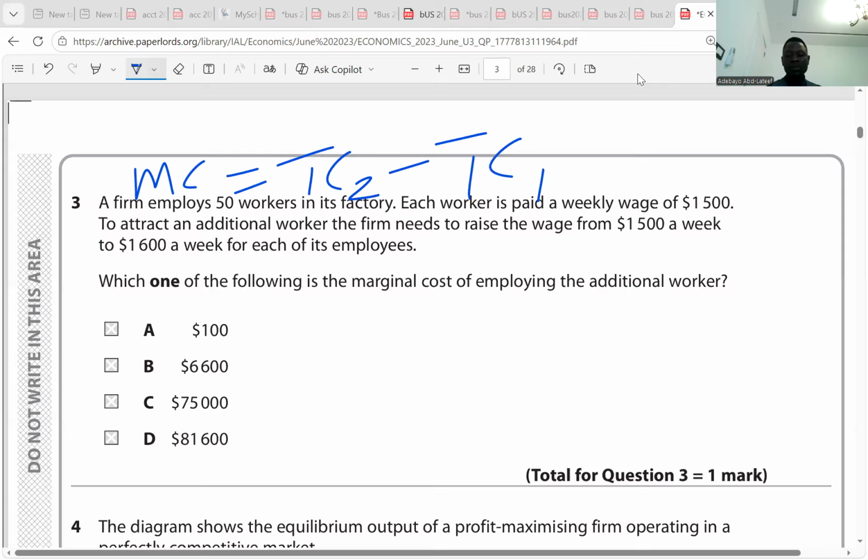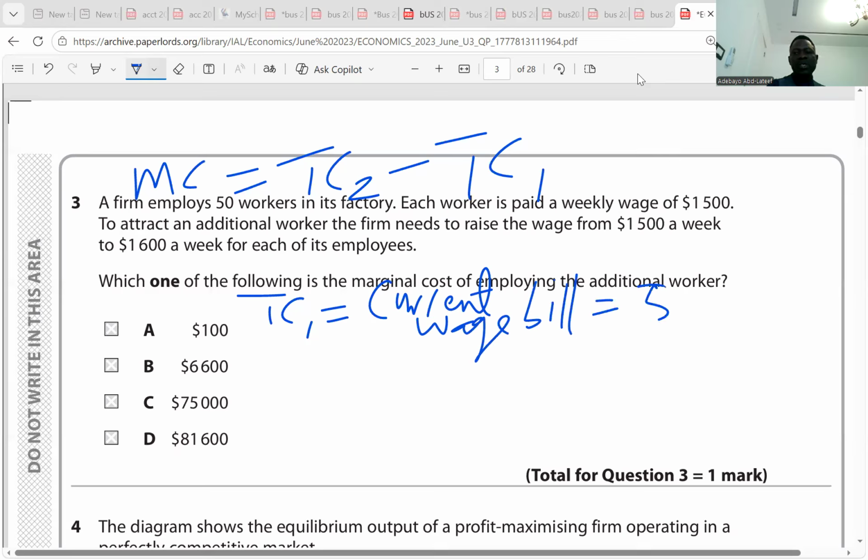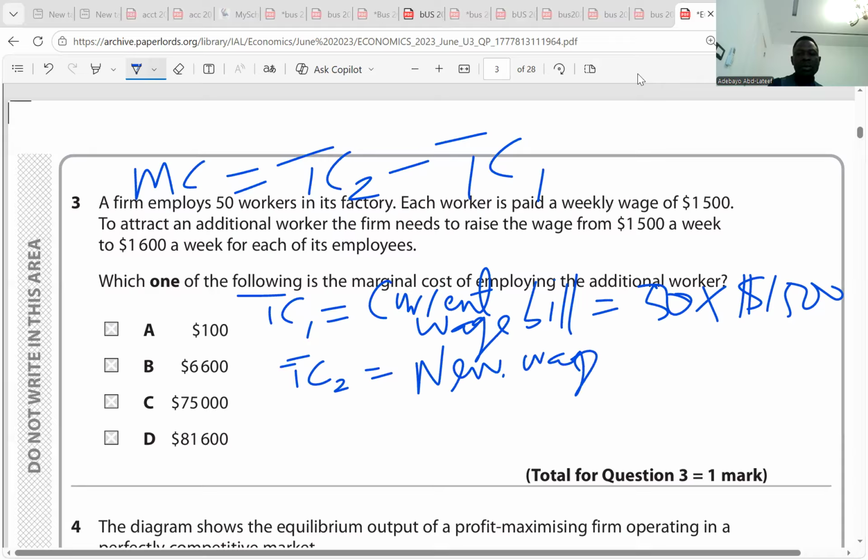TC1 will be assumed to be the current wage bill, which is 50 multiplied by 1,500. Then TC2 represents the new wage bill, with the additional worker, 51 multiplied by 1,600. So 50 times 1,500 is 75,000.